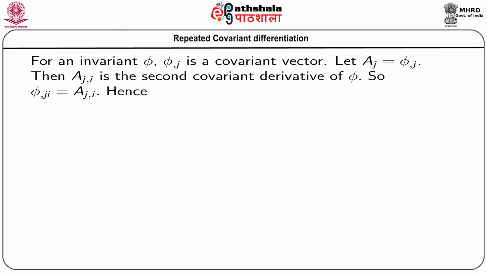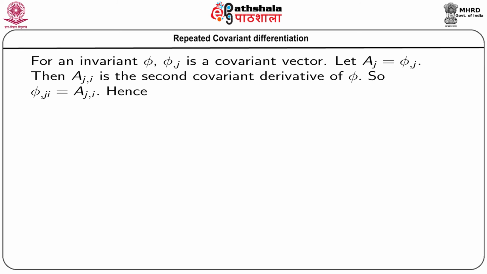Now, in this section we shall see the repeated covariant differentiation of invariants and contravariant and covariant vectors and tensors. If phi is an invariant, then phi,j is a covariant vector, because it is a partial derivative with respect to x^j. If we denote phi,j as a_j, then a_j,i is a second order covariant derivative of phi.